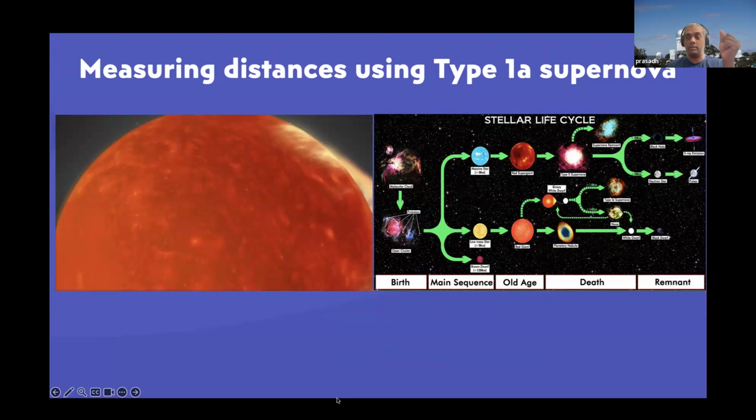When there is another star nearby, which we call a binary star, because of the gravity from the white dwarf star, the white dwarf actually accretes matter from this nearby star. And once it has a lot of matter accreted, and if the mass of the star exceeds a certain limit called the Chandrasekhar limit, this whole star explodes, right?